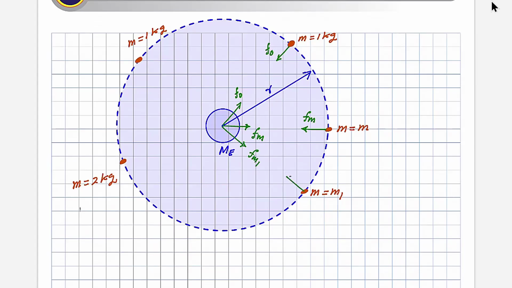What about this? Same thing, Fm1. Then what about this here? It's going to be F2 or something. Then from here, I'm going to say this is F1. And here you will see F1.